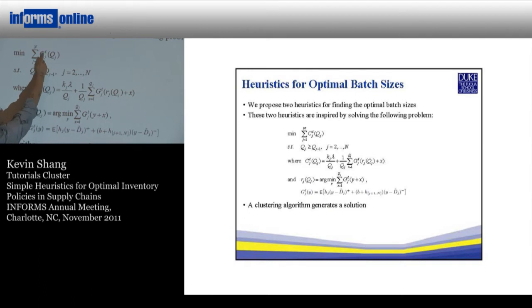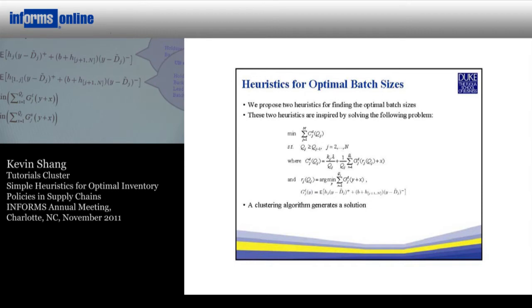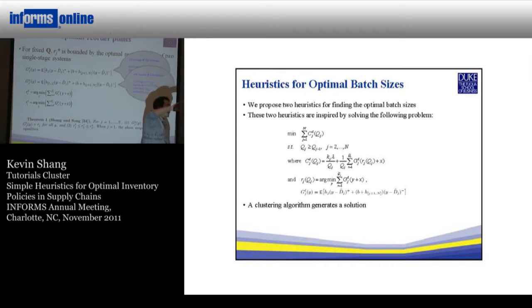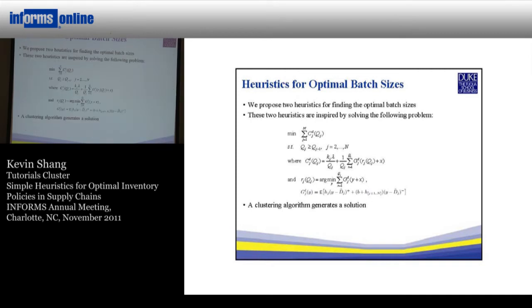So if you recall, this CJL is the cost function that I took from the lower bound system that I showed you earlier. It's this function. I use the lower bound system cost function because they are all independent, right?